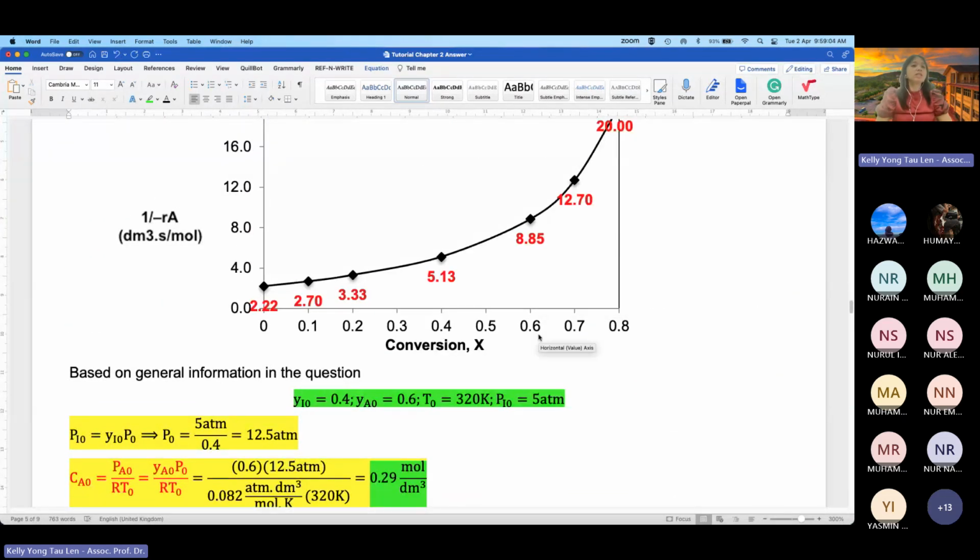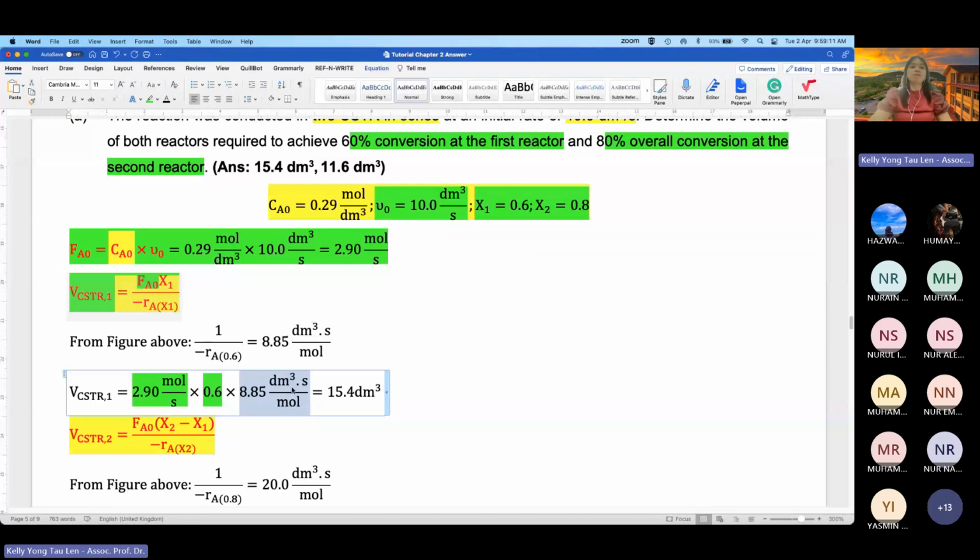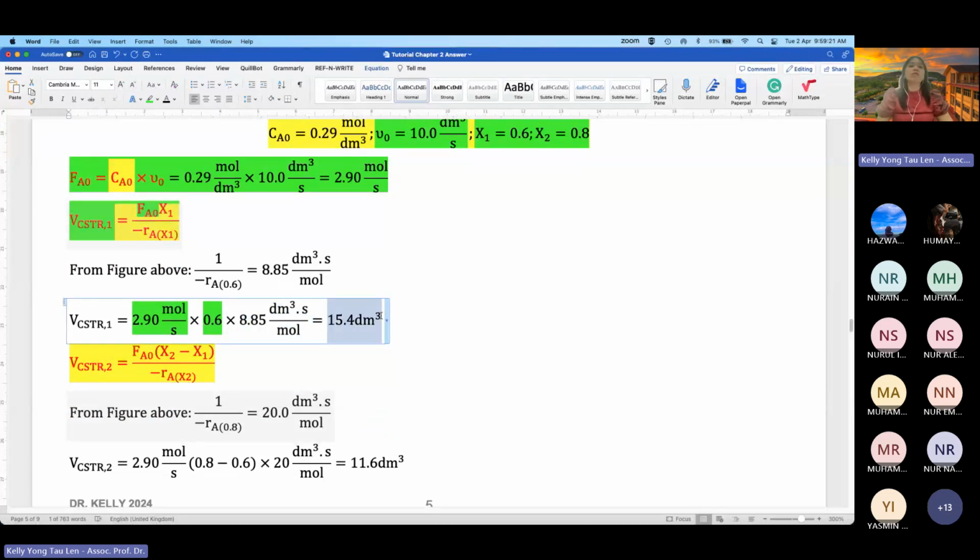At 0.6, 1 per minus RA is 8.85. So I will substitute directly 8.85, because that is 1 per minus RA when my x is 0.6 from the table, from the plot. So I get the volume as 15.4 dm cube. So that is for the first CSTR.